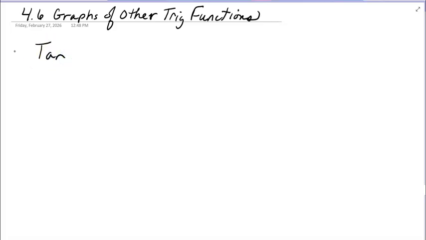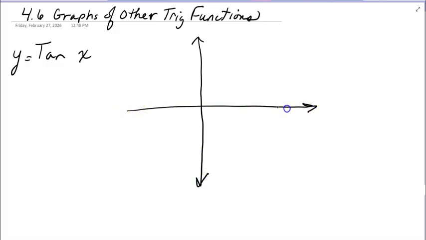Let's look at the function y equals tan x. We're going to sketch our function over here. But to understand y equals tan x, we're going to go pretty much around our unit circle. And let's look at our quadrant angles.